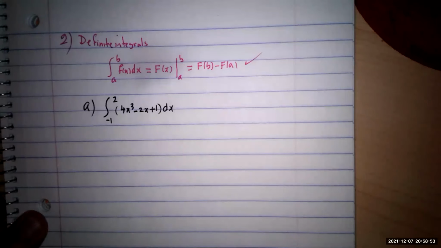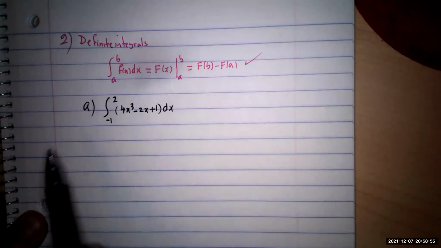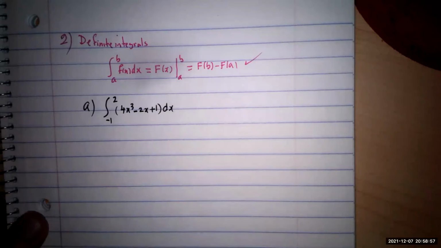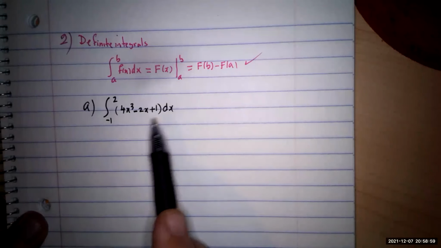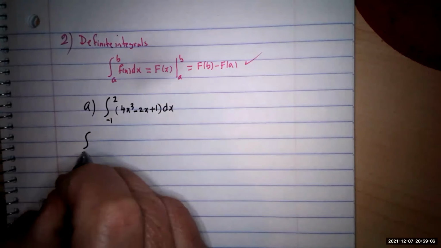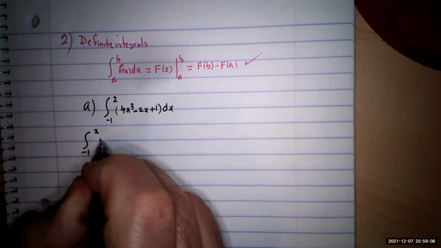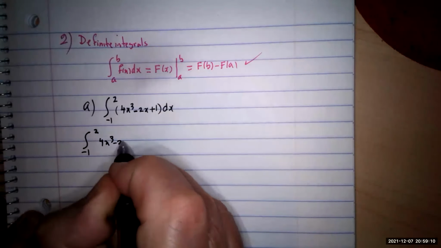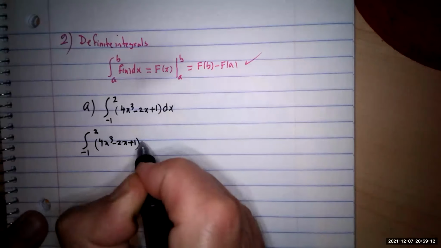Okay, integrate it. You don't need any substitution because it's just powers of x. If there is any radical or any fraction, you change it, but nothing here, so just go for it.